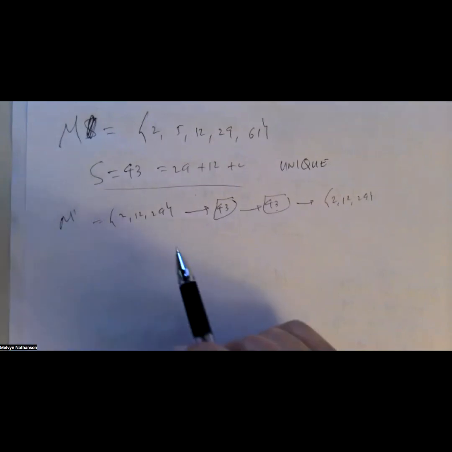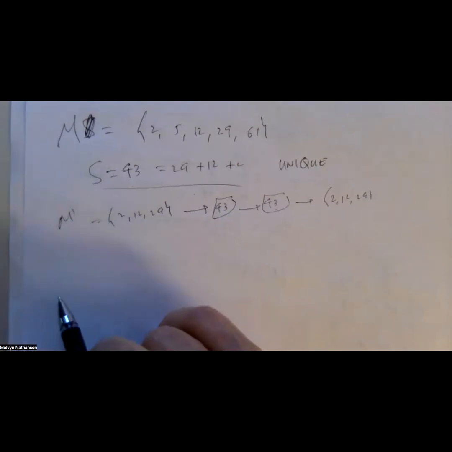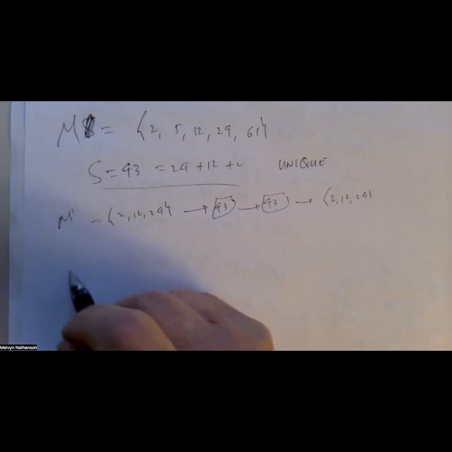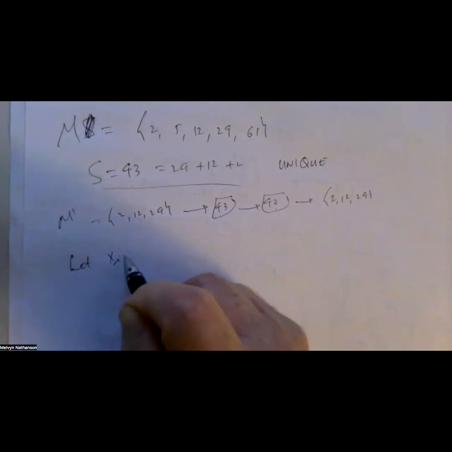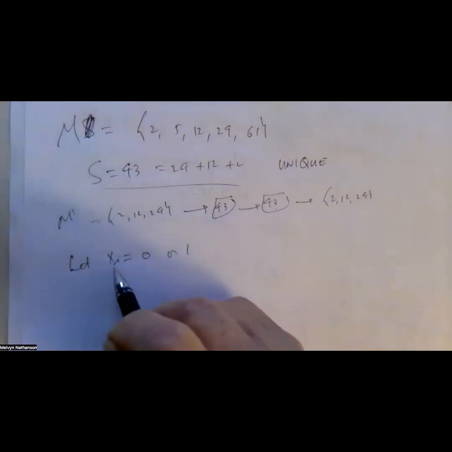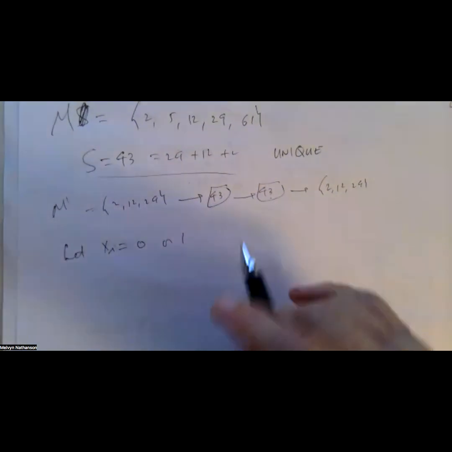Now, you might say that's typically not what we want, to send subsets of numbers. So there's another way to describe subset sums. We could do it in the following way. Suppose we let x sub i equal 0 or 1. So x sub i is going to be a binary digit.